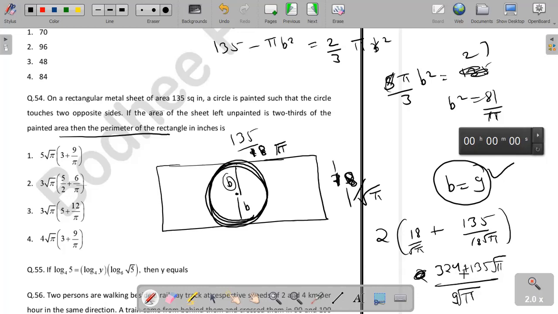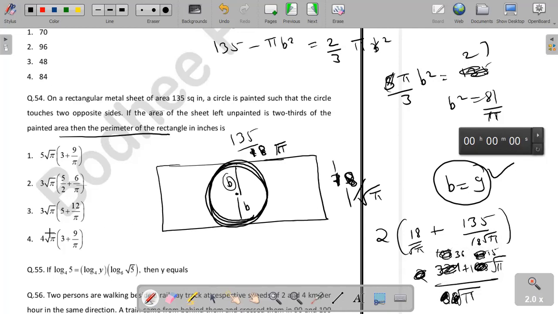Let's see which choices match our answer. So this would get cancelled by 3, and here 108, and now here would be 45. Again, this would be 15, and this would be 36.